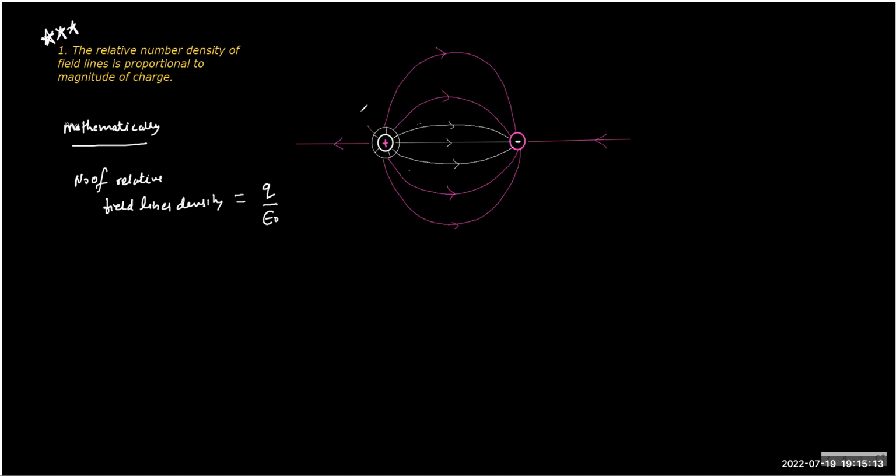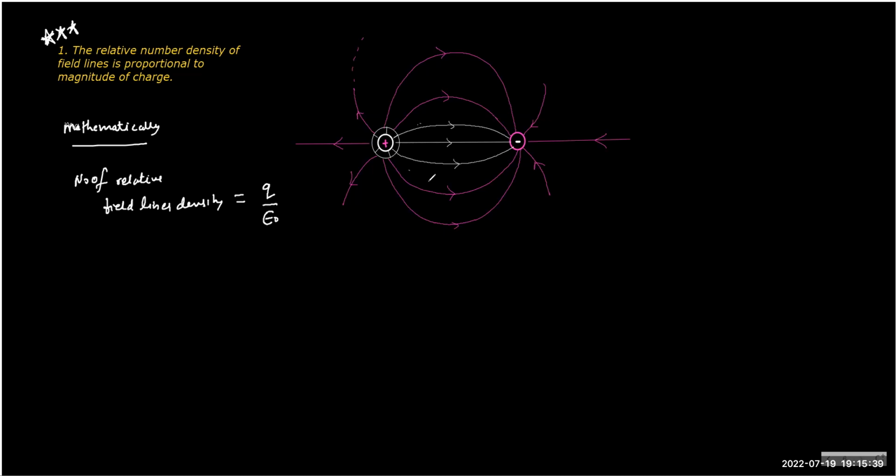Then the one living here will travel some distance which I'm not showing, and eventually come here. So what we are drawing is half, incomplete, because we cannot draw all, right? This is a kind of representation of the field lines.